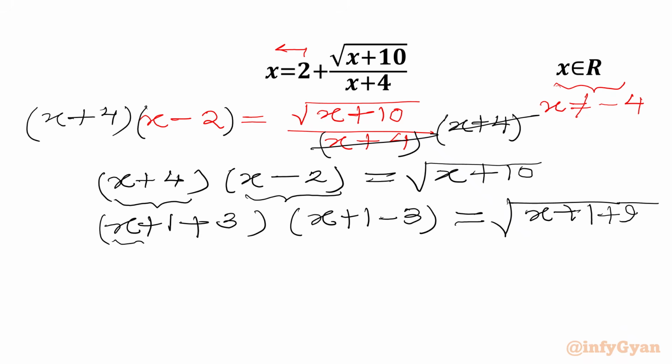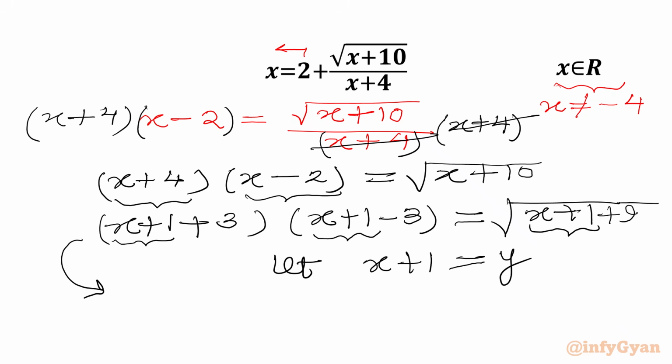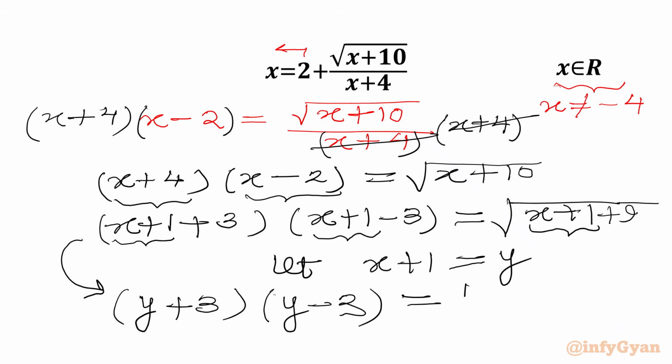Now we have x plus 1, x plus 1 and x plus 1. Let us assume x plus 1 equal to y. So our equation will become in variable y, we will write y plus 3 times y minus 3 equal to the square root of y plus 9.